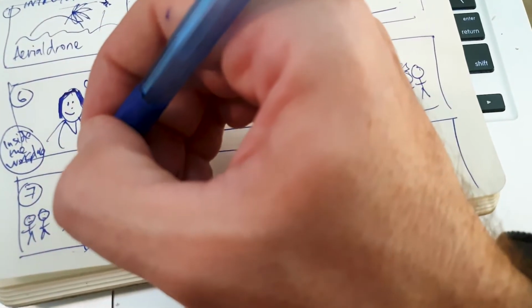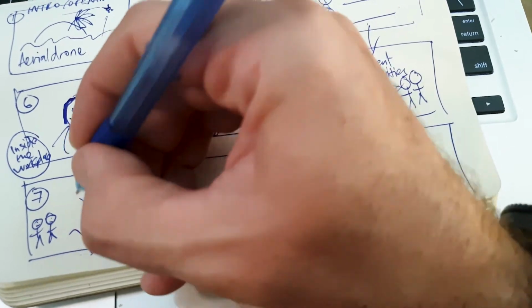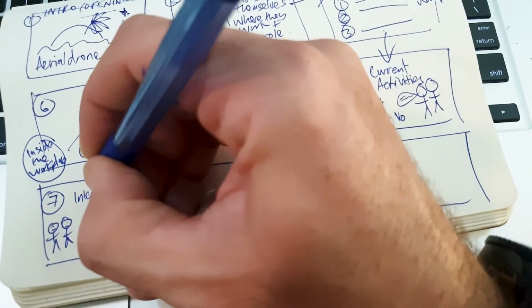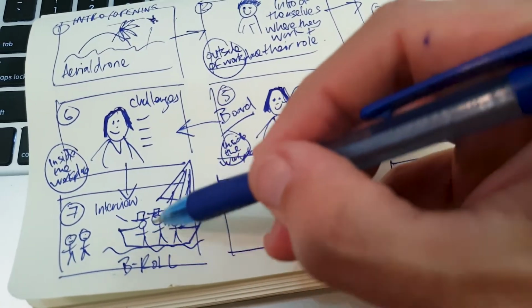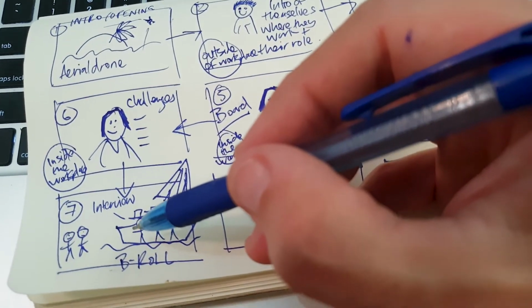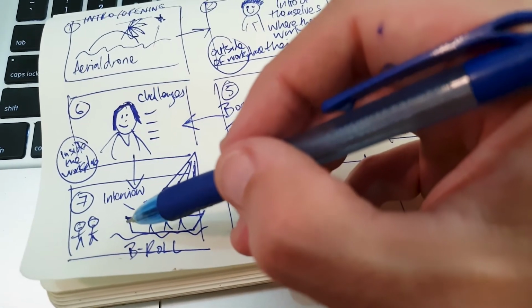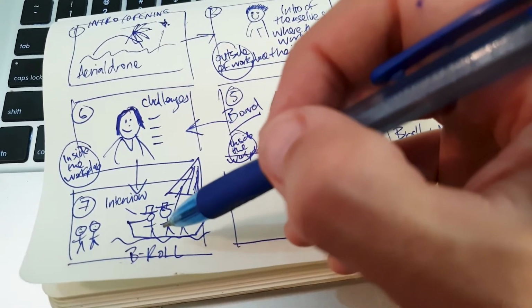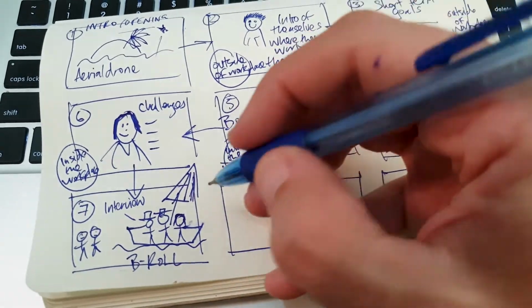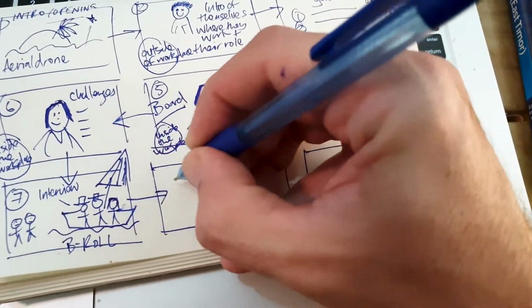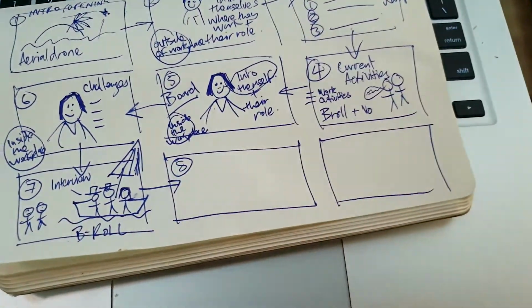And so what we'll do maybe here is we'll try and get an interview with one of the tourists that turn up, and we'll just get a little bit of information from them, what they're looking forward to on the island, and how they found out about the island, etc., etc.